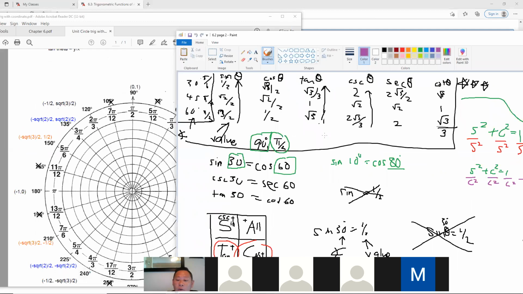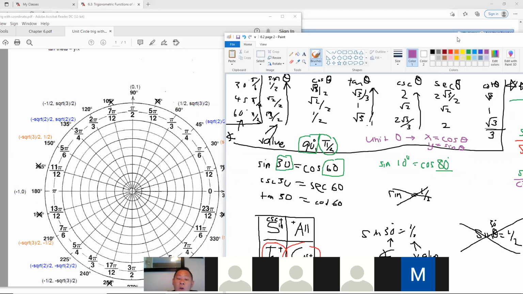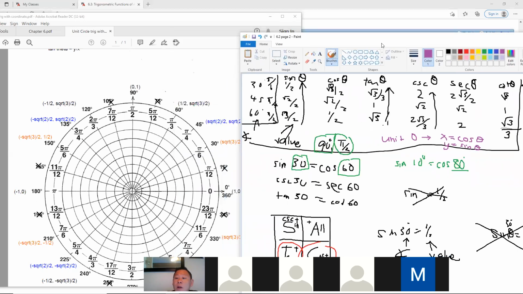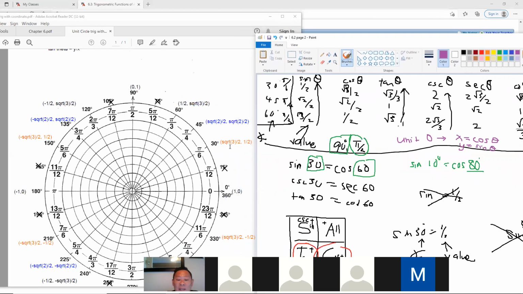For what we call a unit circle, your x coordinate always belongs to cosine theta, and your y coordinate always belongs to sine theta. So if you have a coordinate like this at 30 degrees, this is the x value and this is the y value.